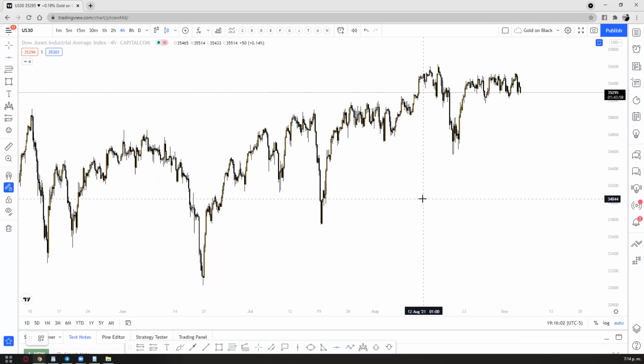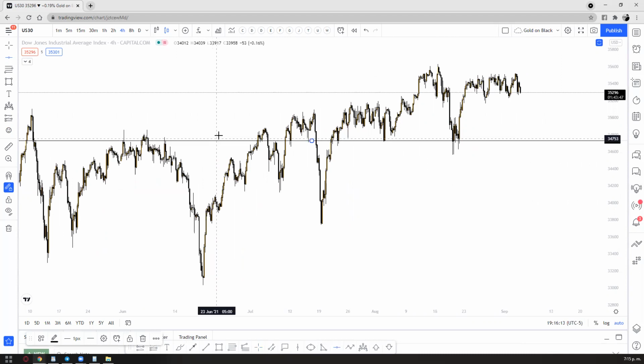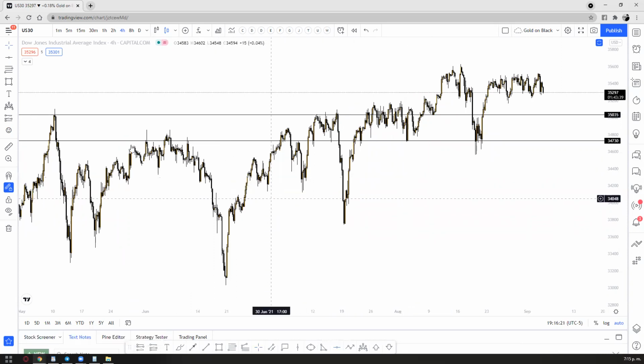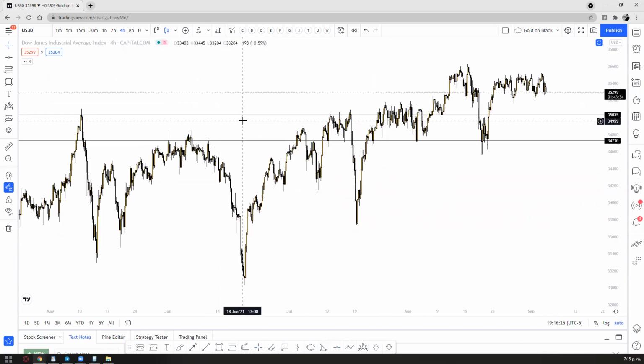All right, so let's go ahead and try to draw some lines where you can see multiple touches. Maybe somewhere around here. Maybe somewhere around here. Right there already. So look what I'm doing. I'm going in the past right there, not so far.